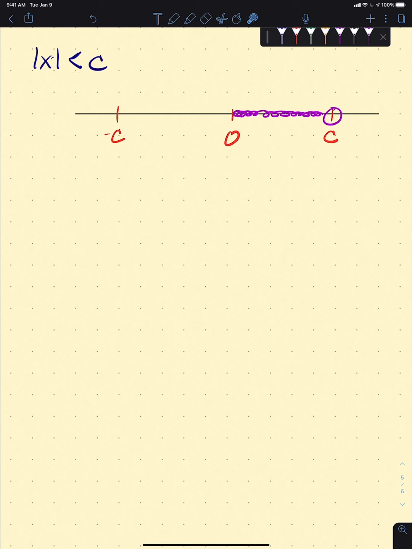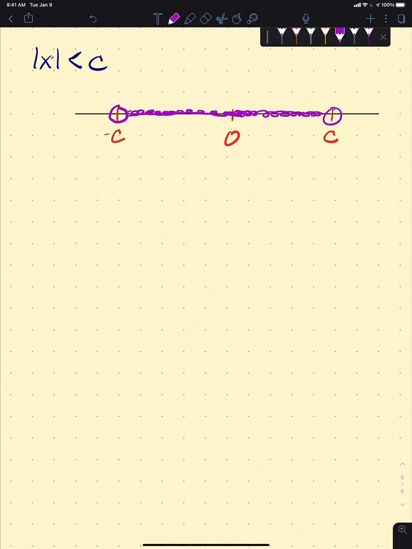So however far it goes to the left here, however large its negativity is, it can't be more negative than negative c. Just like we have here, the biggest it could get is negative c, but it could never equal negative c because we have strictly less than right there.